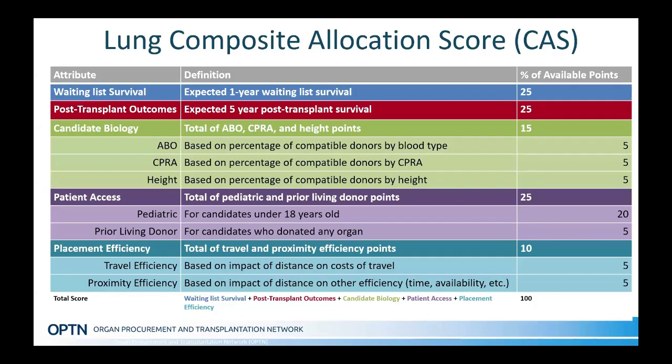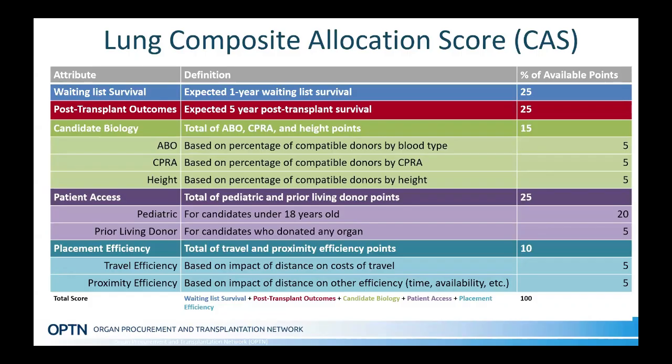So the working hypothesis was that although CAS was associated with some very positive outcomes, such as reducing waitlist mortality and increasing access for disadvantaged candidates, a necessary side effect of broader sharing is increased logistical complexity, and that this contributes at least in part to out-of-sequence allocation.